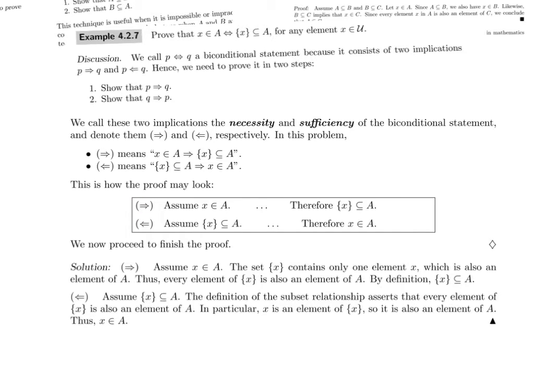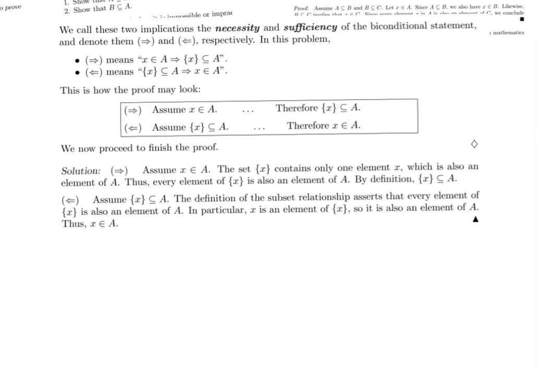These are direct proofs. We start by assuming the hypothesis of the implication we're trying to prove. We do some stuff. We conclude the conclusion of the implication. And then same thing, but going in the other direction. Start by assuming Q in this case, do some stuff, and then conclude P. So here's how the actual proof would go.